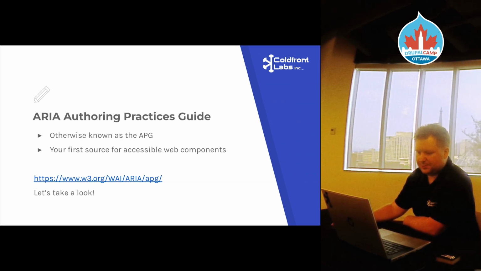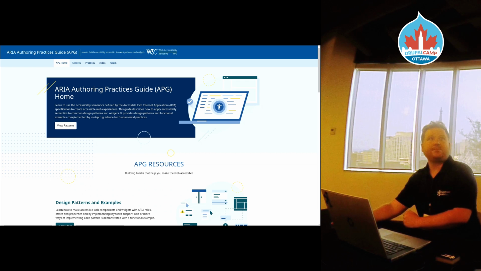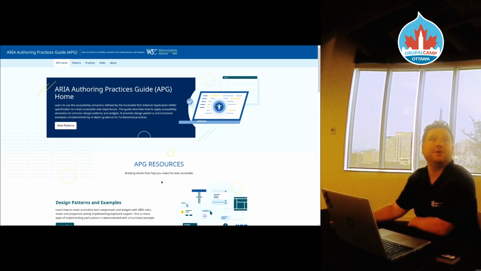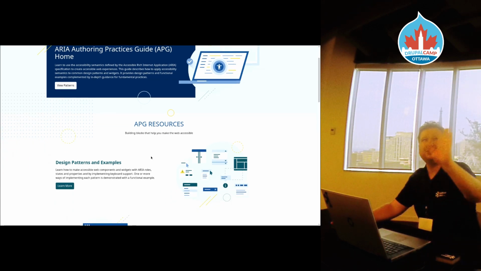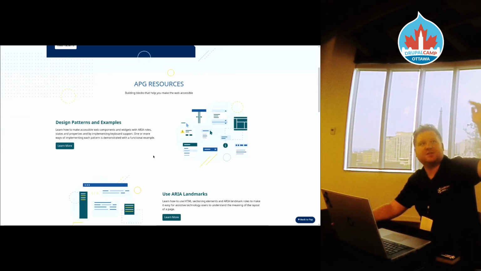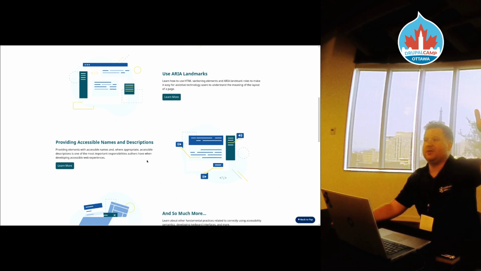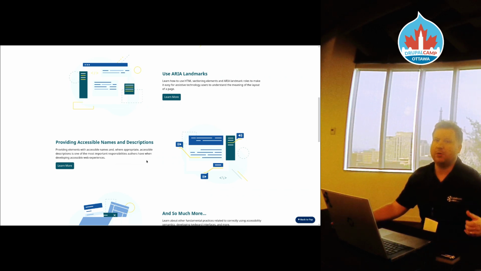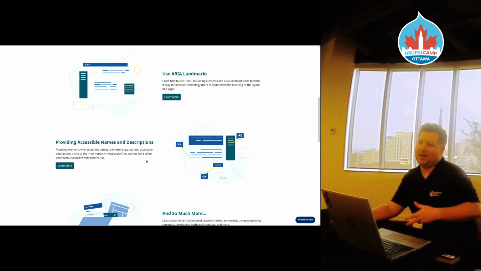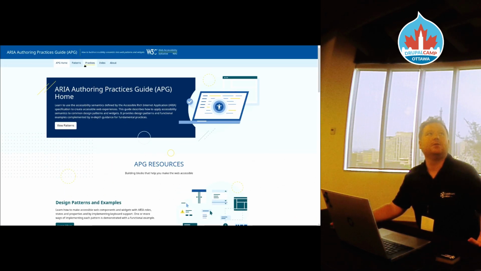So we're going to quickly take a look. Find my mouse here. We won't go into it too deep right now. I just wanted to show you guys. It tells you design patterns, landmarks. It goes into a deep dive on accessible names and how you should be naming things and what components like aria-label or aria-labelledby are and how those interact with various things and much more.